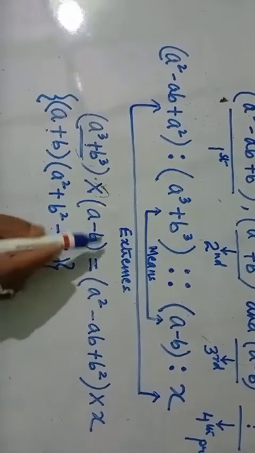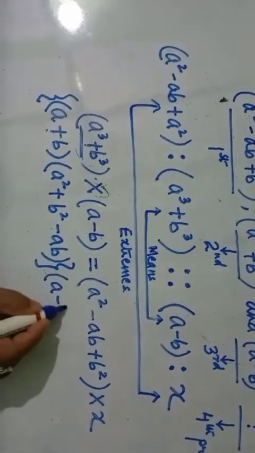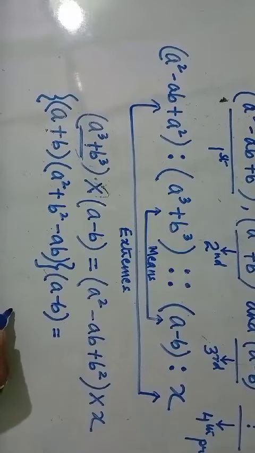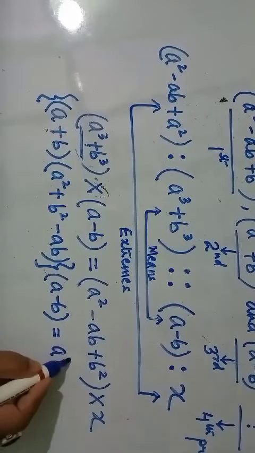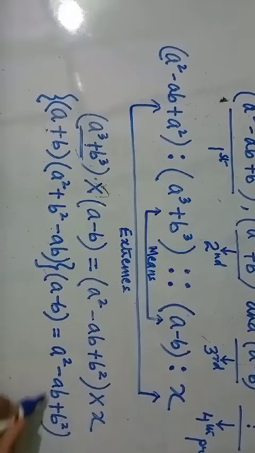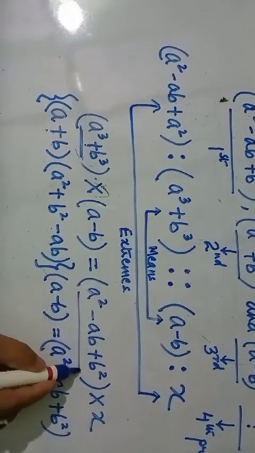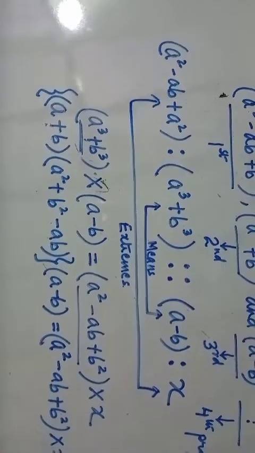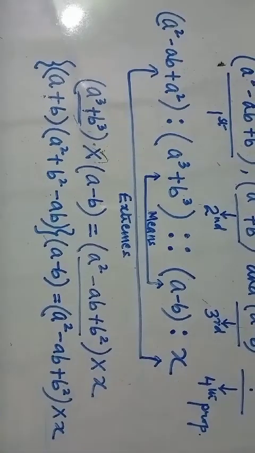Now please remember that this a minus b was already present here, so I'm going to write a minus b equal to a square minus ab plus b square, which was already present on the right side, you can see here, into x. So this is what I have. Now I'll simply remove this curly bracket over here.